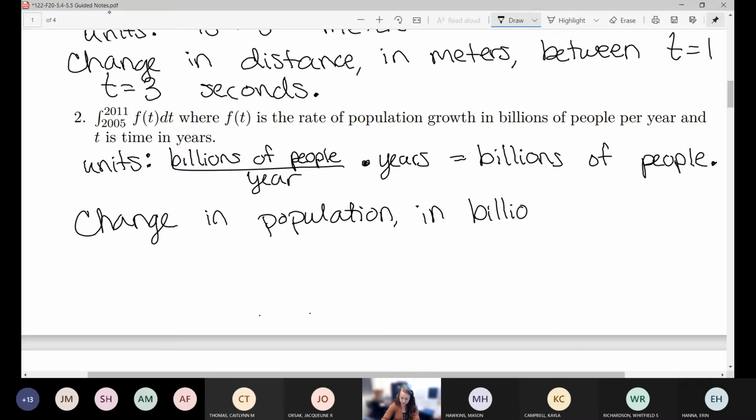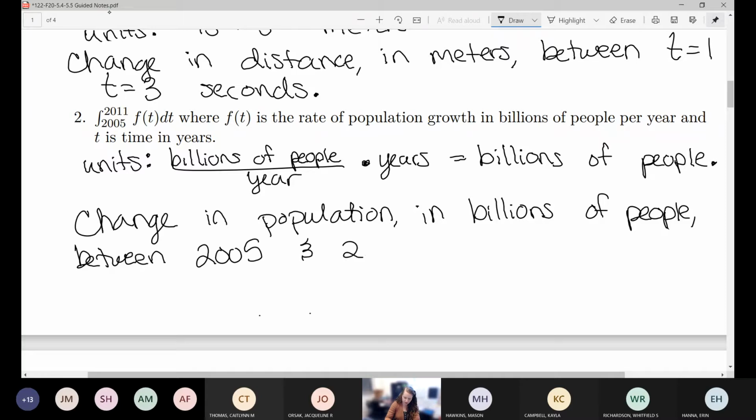Billions of people. (2005) and 11. I didn't put t equals 2005 and t equals 2011 here, just because they're years, the units and the context kind of come across a bit nicer.